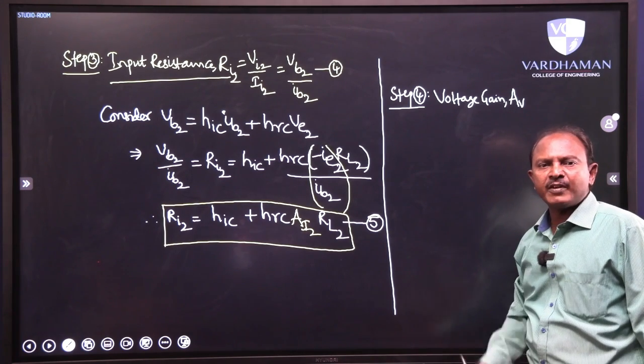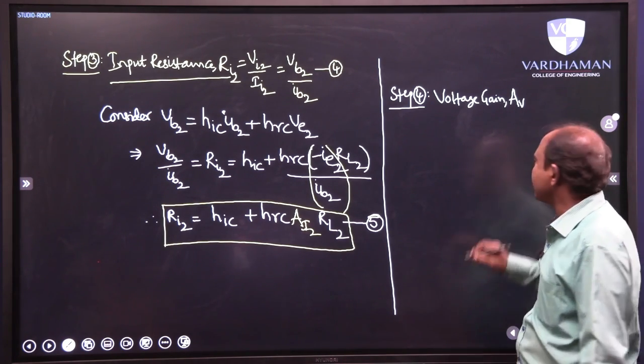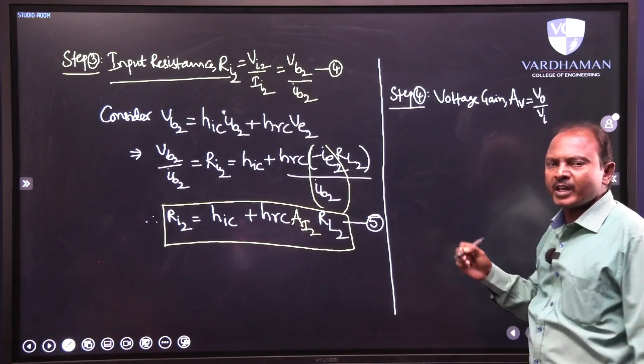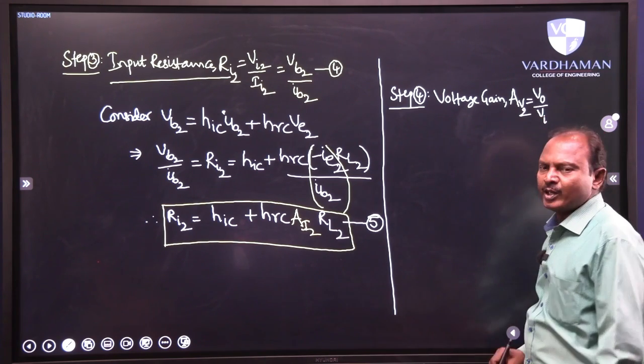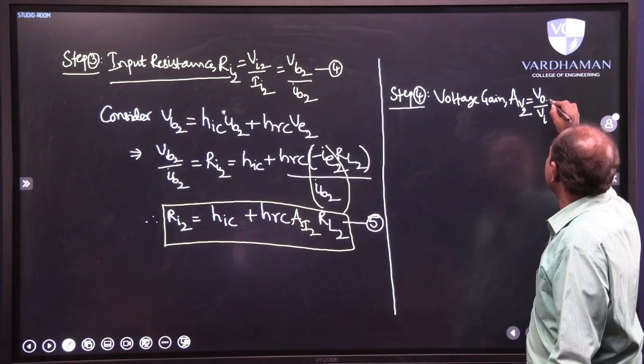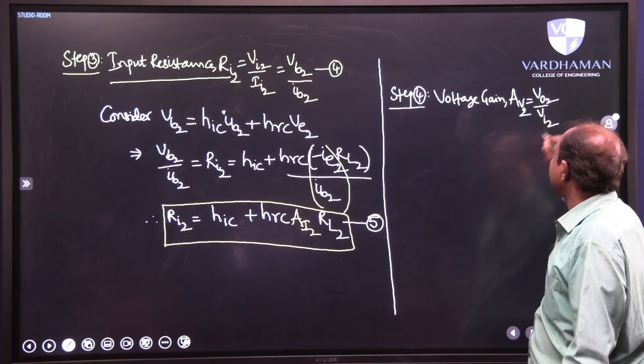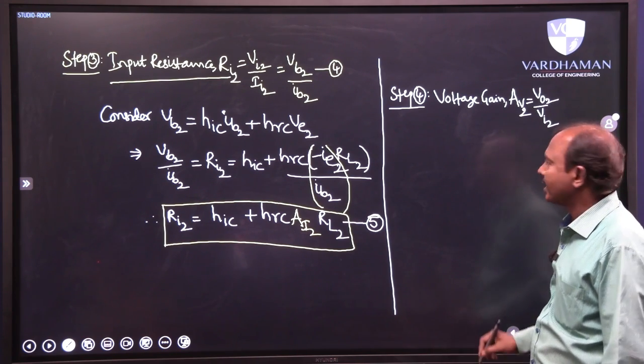Of course, the general formula for voltage gain in any amplifier is V0 by Vi. Of course, we are talking about second stage here. Instead of AV, I am calling it AV2, the output voltage V02, and the input voltage Vi2.